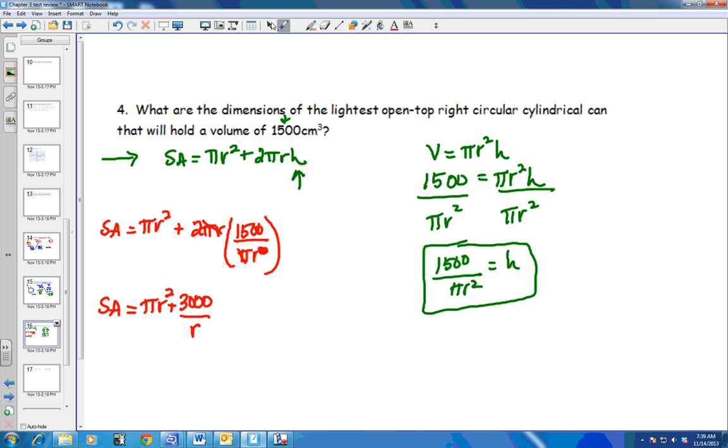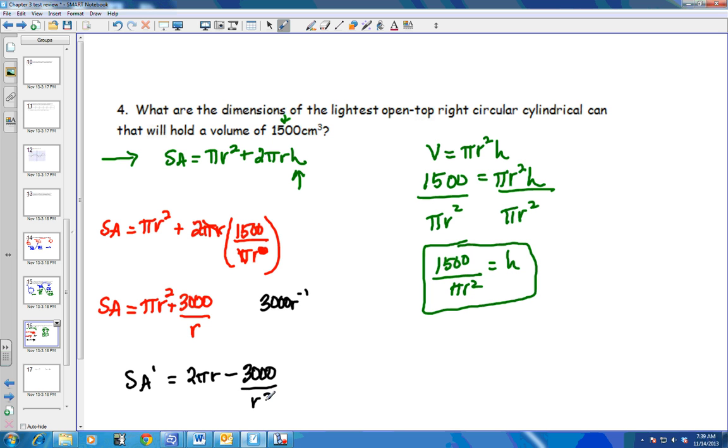So now I am ready to find the derivative of that. So the derivative, I'm just going to call this surface area prime, SA prime. Derivative of pi r squared is 2 pi r. When I find the derivative of 3000 over r, I actually have to bring that r up to the top. And it's going to be minus 3000 r to the negative 2.